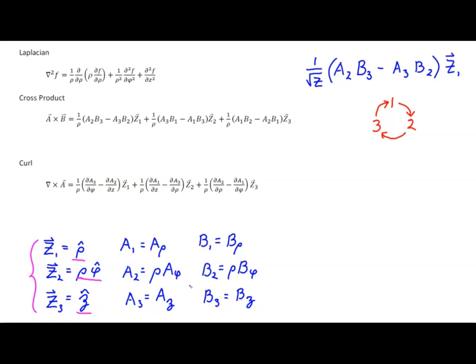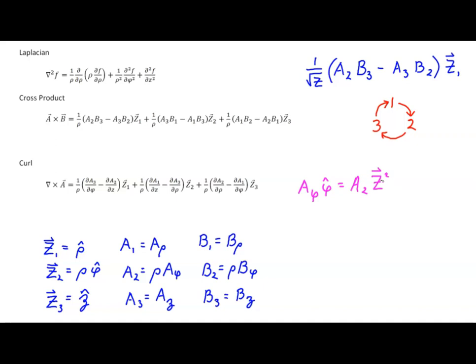So how do we figure this out? Well, these two are easy because if we're dealing with basis vectors that are already unit vectors, then these two simply equate. But what about this guy right here? Let's talk about it a minute. To make that work, we're looking for a result where A, the phi component of A, times phi hat is equal to A2 times the contravariant basis vector 2.